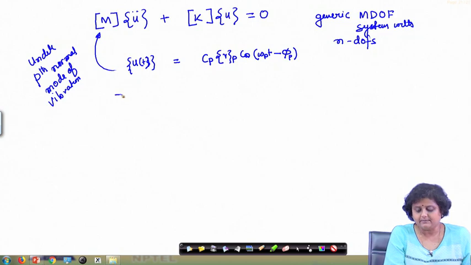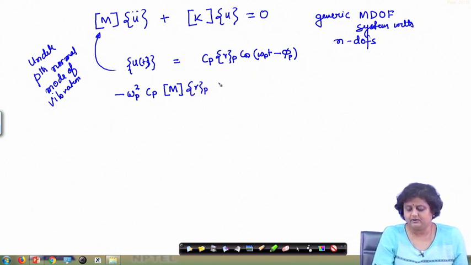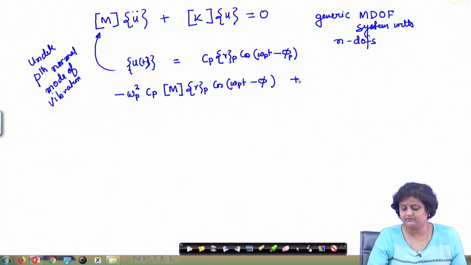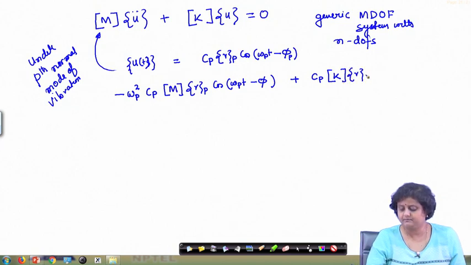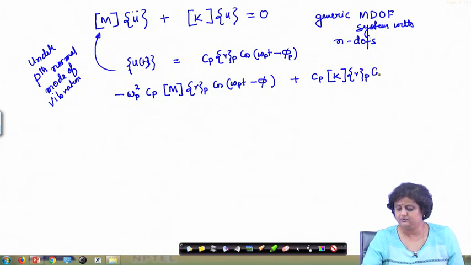Therefore, I am going to get minus omega p square into Cp into m into Rp into cos(omega p t minus phi) plus Cp into K into Rp into cos(omega p t).